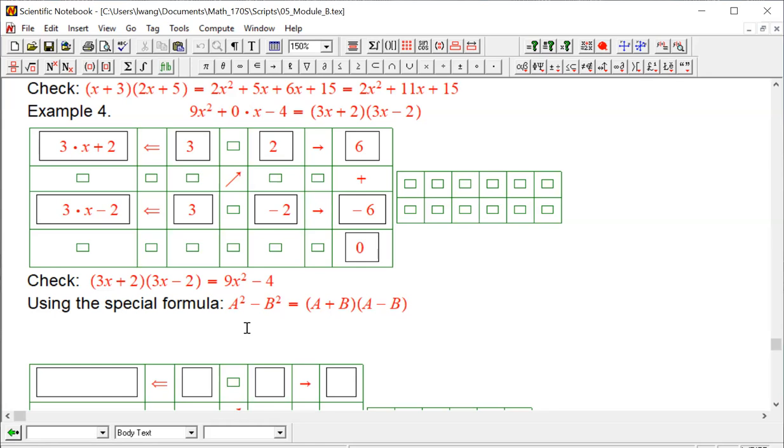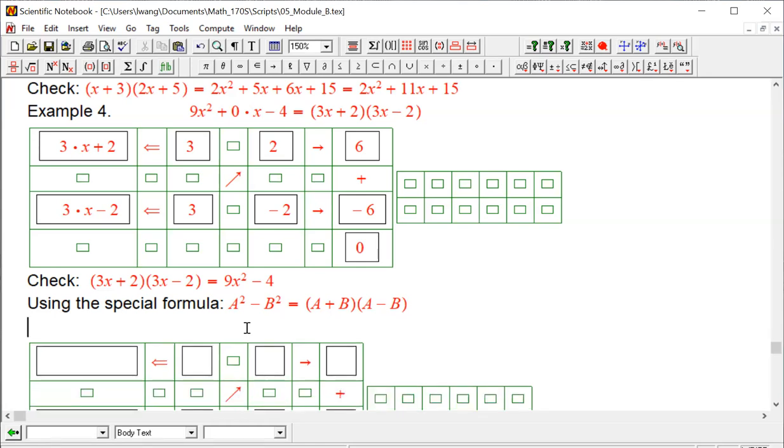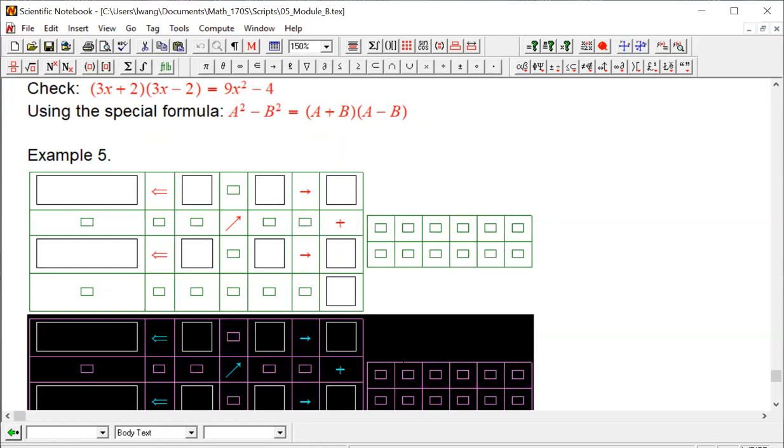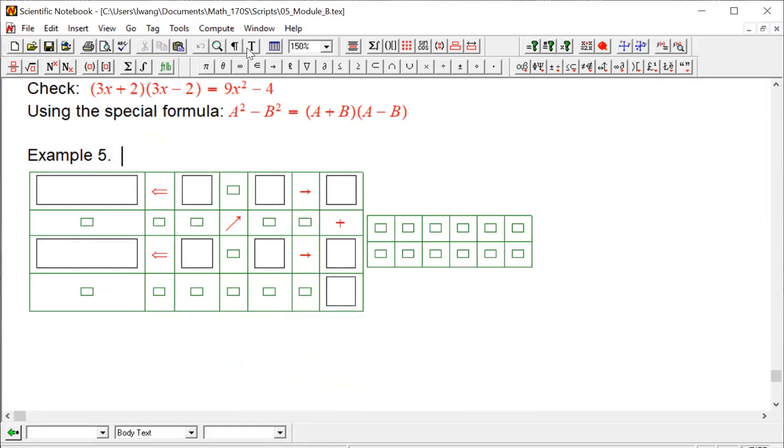Let's do one more example. Example number 5. We're going to try this one, which is 5x squared plus 16x plus 3.